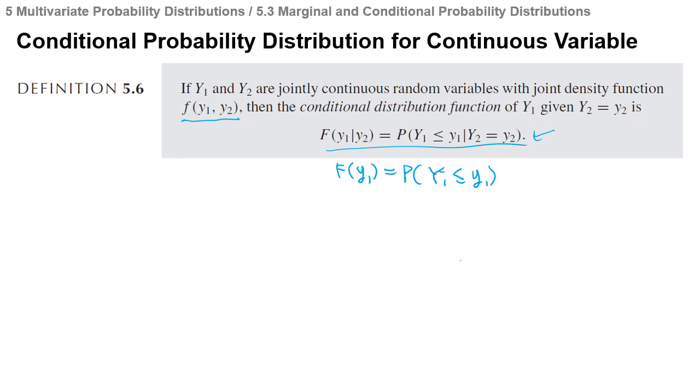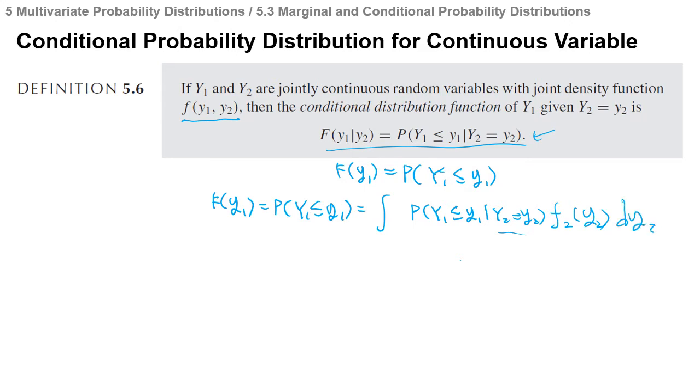Okay, and you can also note that F(y1), which is the probability that Y1 is less than or equal to small y1, can be calculated by integrating the conditional probability. So the probability that Y1 is less than or equal to small y1 given Y2 equals small y2, times f2(y2) dy2, where y2 goes from minus infinity to infinity.